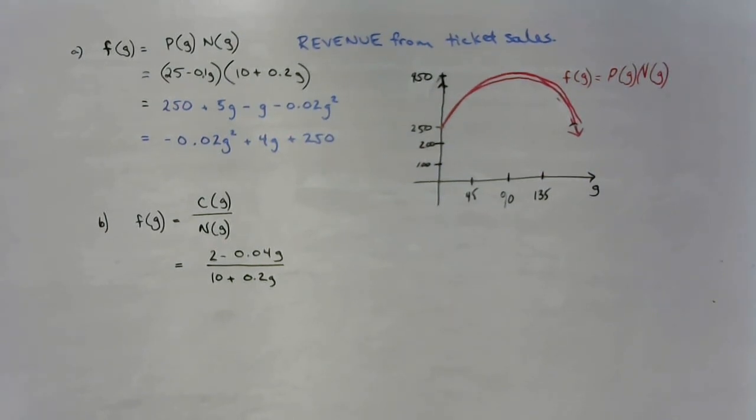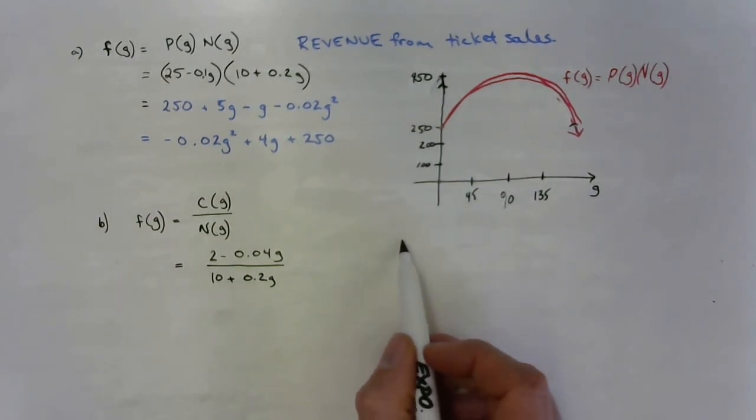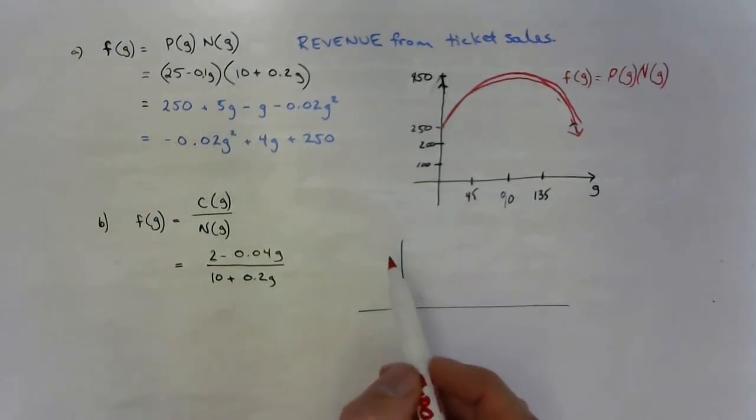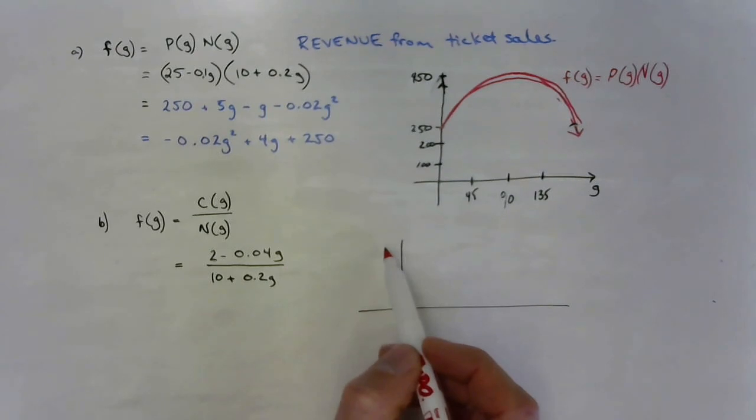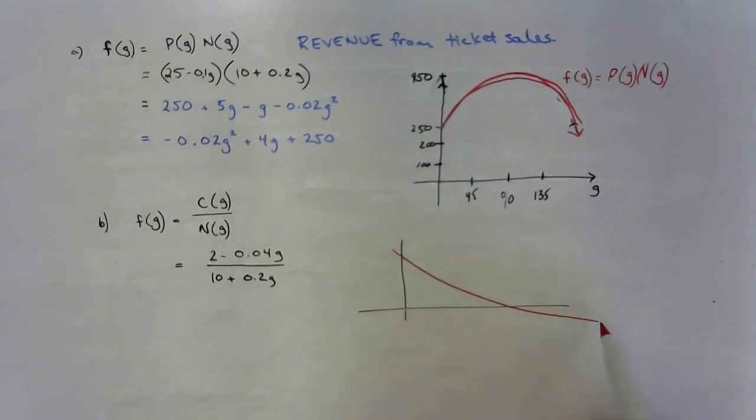We could graph it. I'll just graph it quick. The graph kind of looks like this. You might be able to factor something out here and make it easier on yourself, but so it's kind of a curve that looks like that. That's one side of the curve.